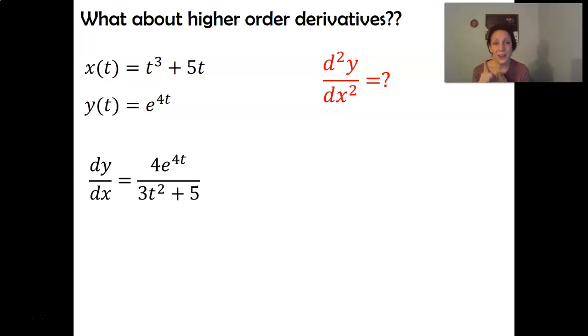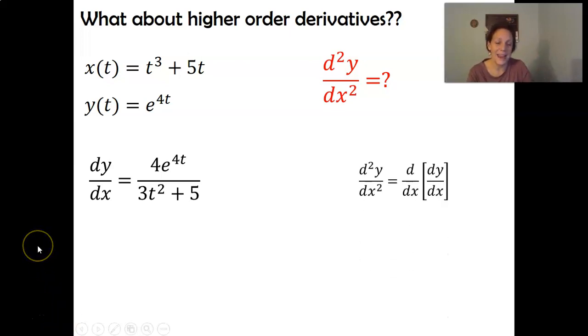Okay. If I go to take the derivative of that, it's not the same as when I take second derivatives of rectangular coordinates, and here's why. When I have rectangular coordinates, and this looks like a lot, but just bear with me for a second. If I want a second derivative, what I'm doing is I'm taking my first derivative, which is in terms of x, right?